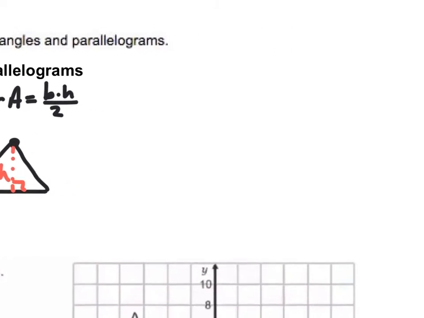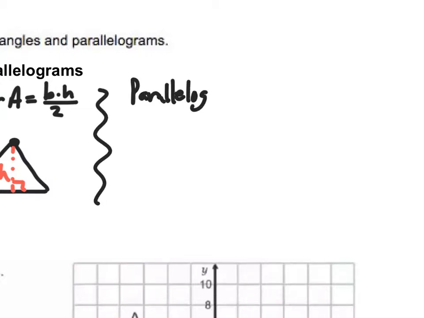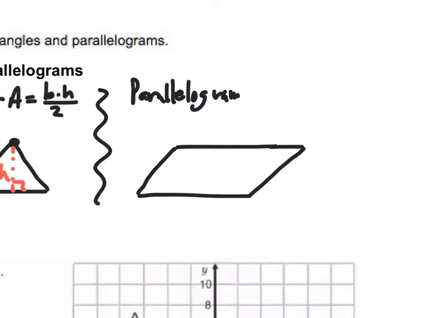The other one that I've got is a parallelogram. Let me just draw a generic picture of a parallelogram. This length here, from here to here, is my base.